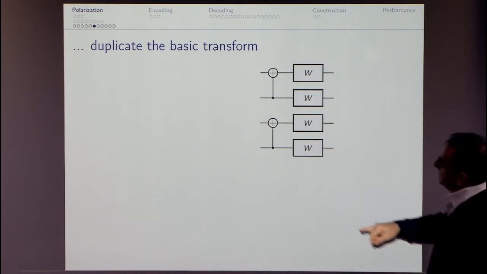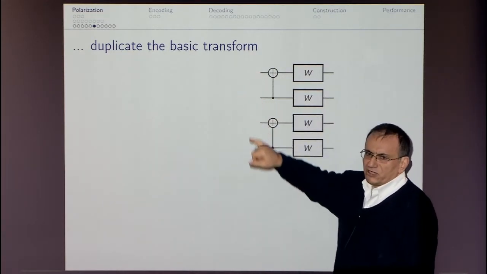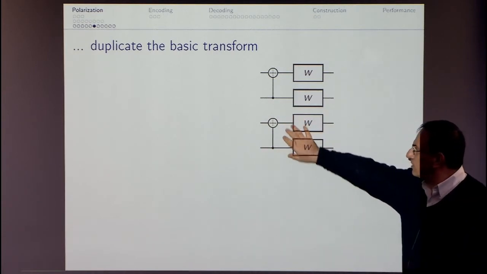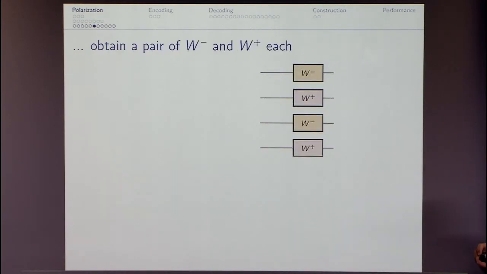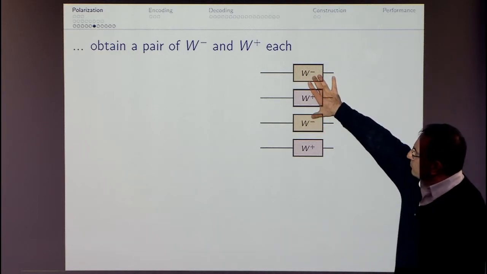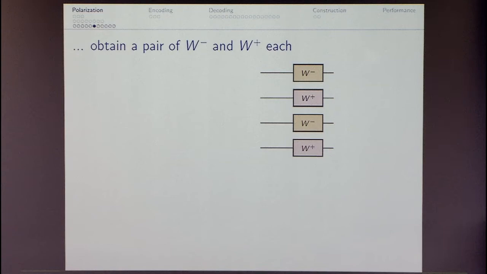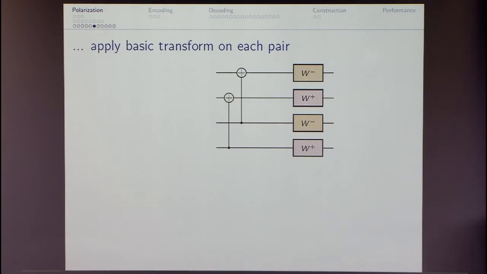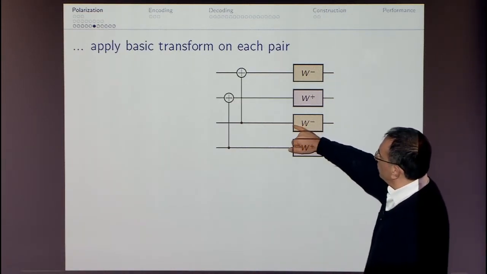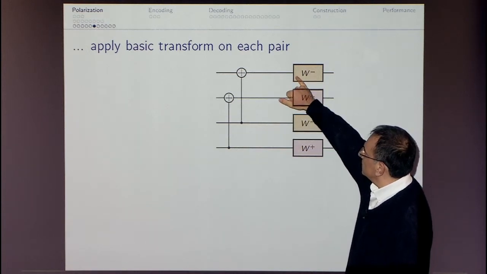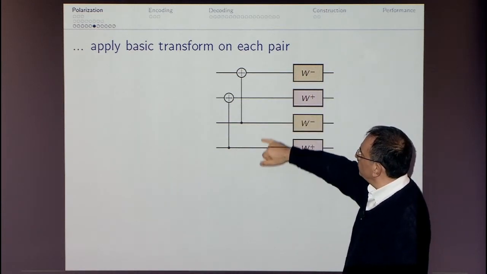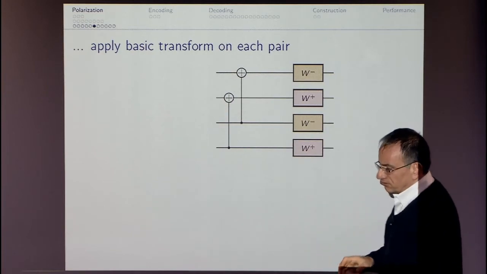I want to combine W minus and W minus in the same way I have combined these two. So here are the W minus channels. Okay, so these are virtual channels now, but they are, yes. So what we do is we combine the inputs of W minus and W minus and combine the inputs of W plus and W plus.